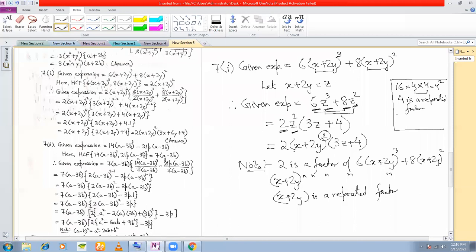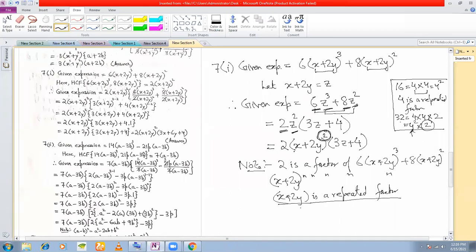Let us say 32. 32 can be written as 4 into 4 into 2. That means this is 4 square into 2. So 4 is a factor of 32, but 4 is a repeated factor. Okay, 2 is a non-repeated factor. So that is why when I have a square here, that means x plus 2y is a repeated factor.